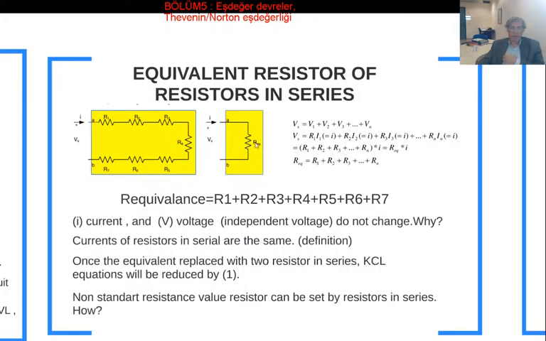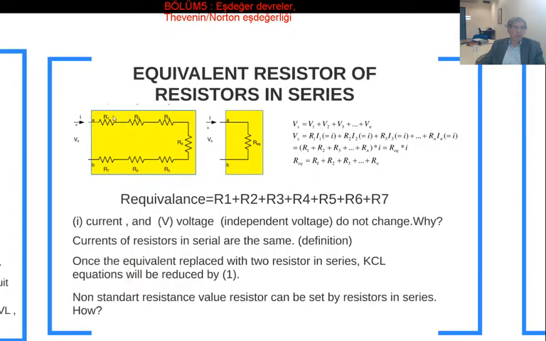This is the Kirchhoff voltage law equation written for this loop, and then you can use the resistor's definition relation and transfer these voltages to currents, as seen here, and then you see that the current I will be the same for all the resistors.